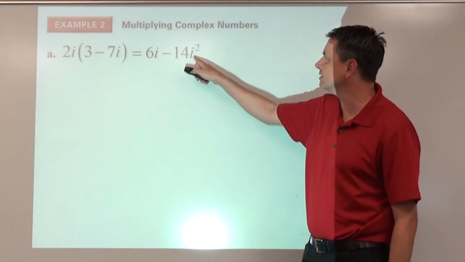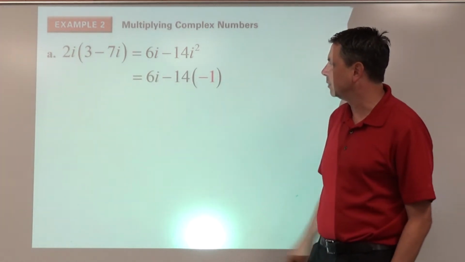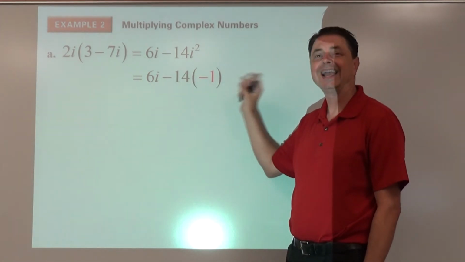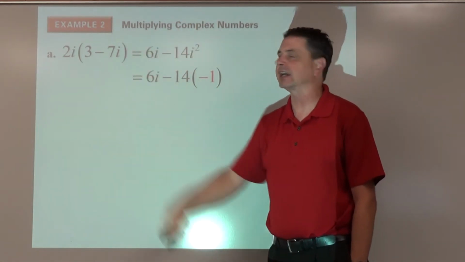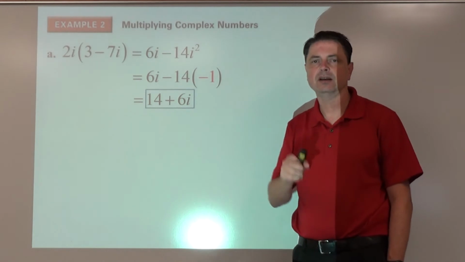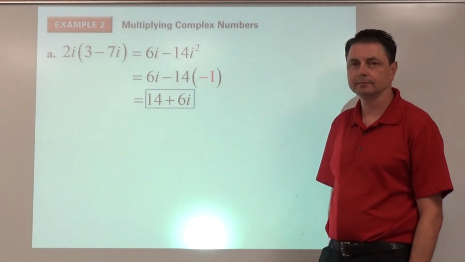So we're going to replace the i squared with negative 1. So this becomes 6i minus 14 times negative 1, so this is positive 14. And I do need the real part, which is the a part, in front. So that's got to go in front. Our answer, 14 plus 6i. Reminder that i needs to come last to be standard form.